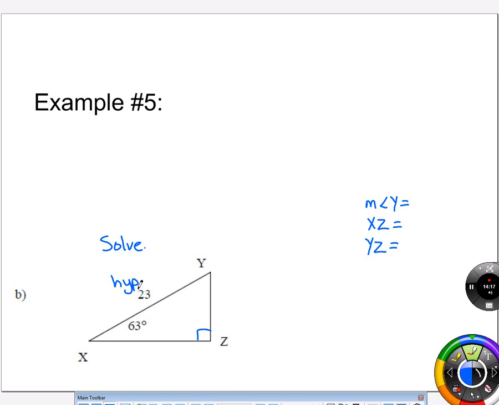So if there's 180 degrees in the triangle, and so far I have 90 plus 63, that's 153. If I subtract that from 180, then I have 17 degrees left. Is that right? 27, because I can't subtract. Good thing I can do lots of other stuff, right? Okay, so 27. So this will be 27 degrees, and I've already found a third of my answer.